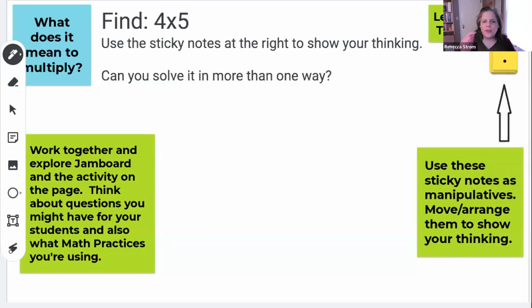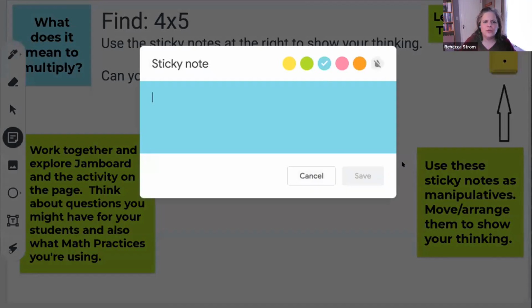Okay, so they say they don't know, they're not sure. And so I try to say, let's talk about what this means, but let's not use words that aren't defining what's happening. So I created this Jamboard and I made a stack of sticky notes in the corner. This stack of sticky notes all have periods on them because you can't make a blank sticky note. So when I click over here, I'm able to write a sticky note. I can type whatever I want.